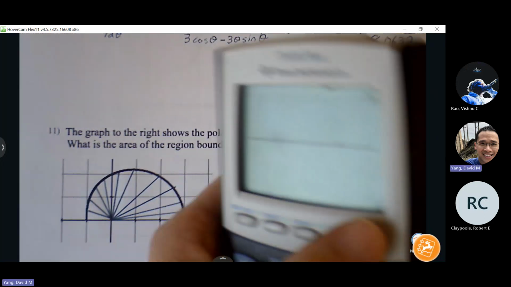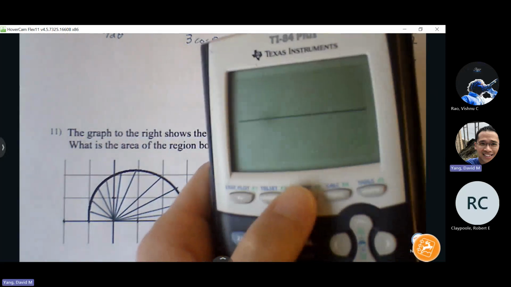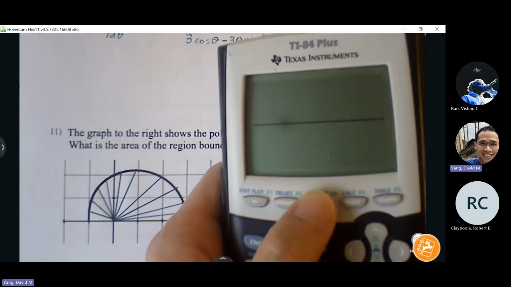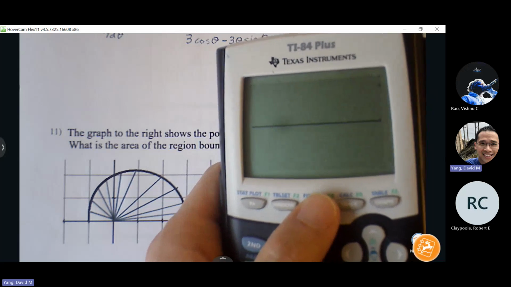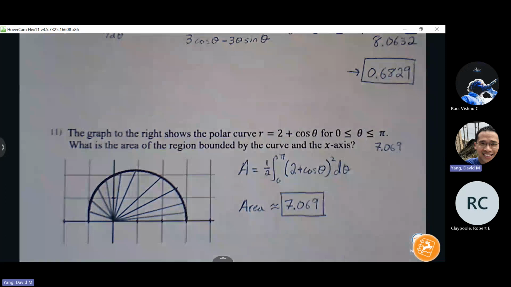A graph. Maybe zoom 0 is going to be a place that will help you get the graph to show up better. Okay, let me try another one. Zoom 9.